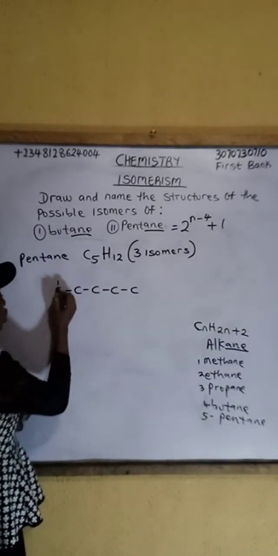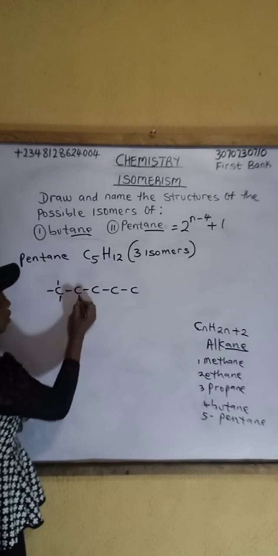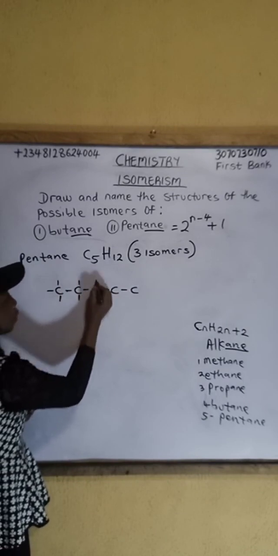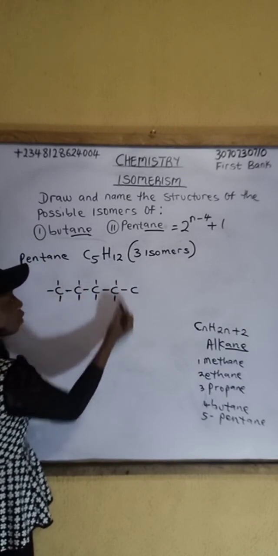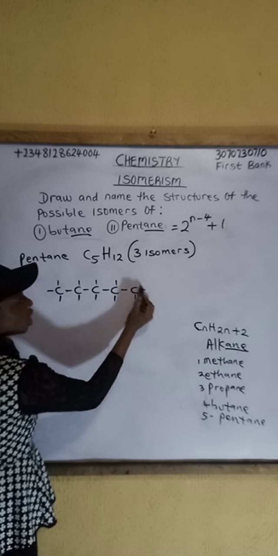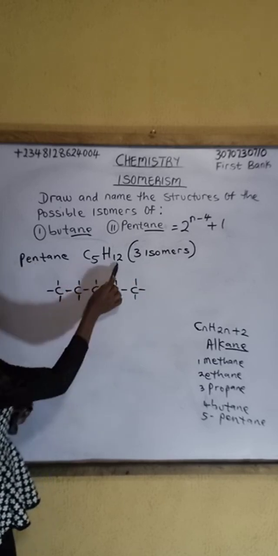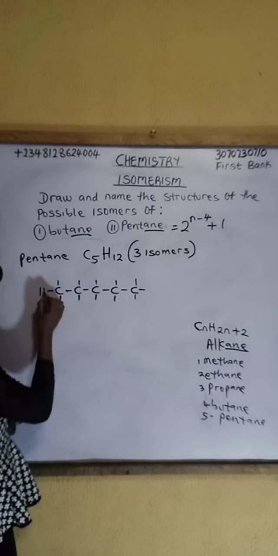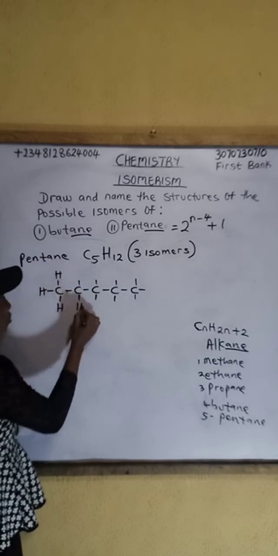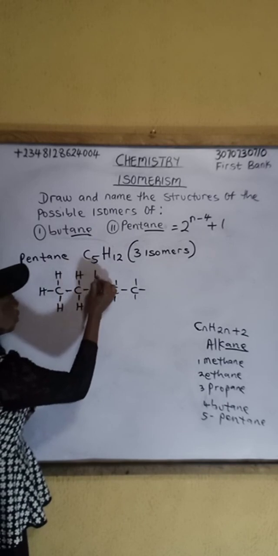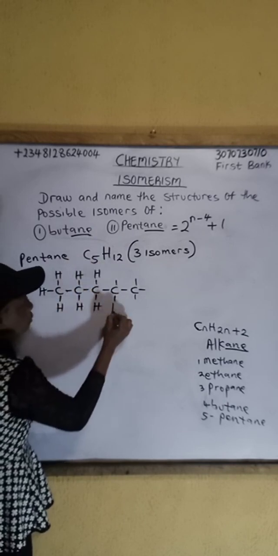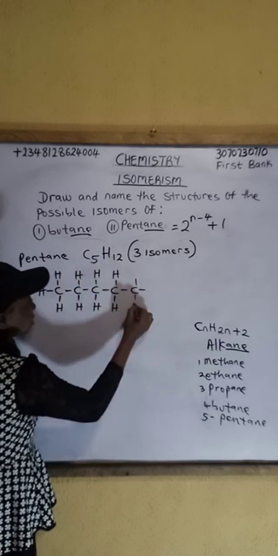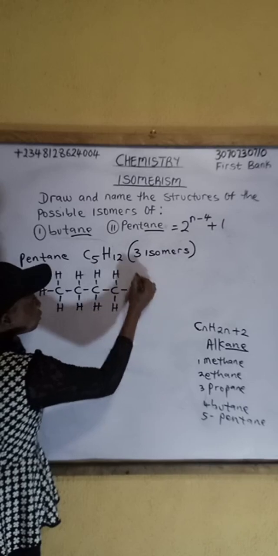Then you fill with hydrogen atoms. We have 12 hydrogen atoms: 1, 2, 3, 4, 5, 6, 7, 8, 9, 10, 11, 12.